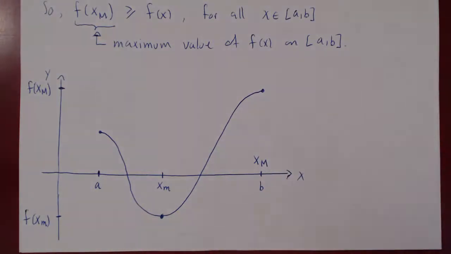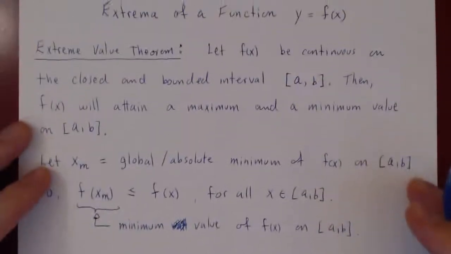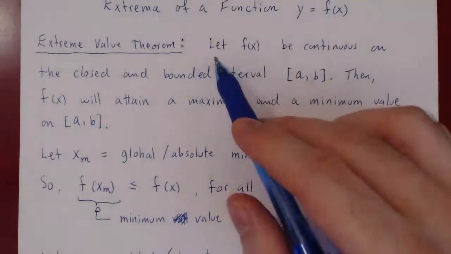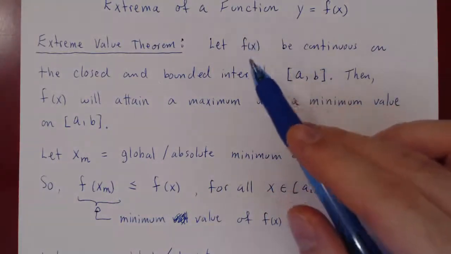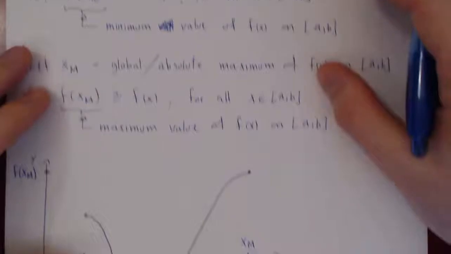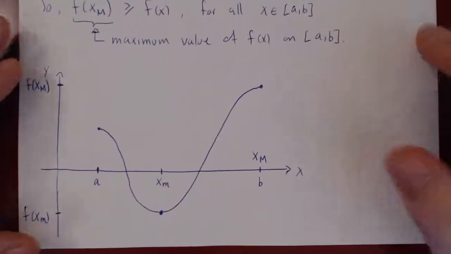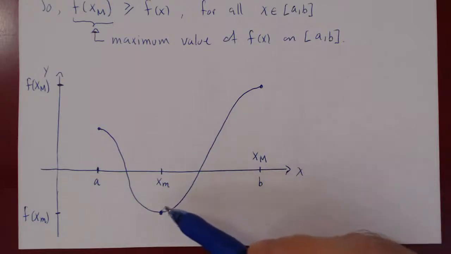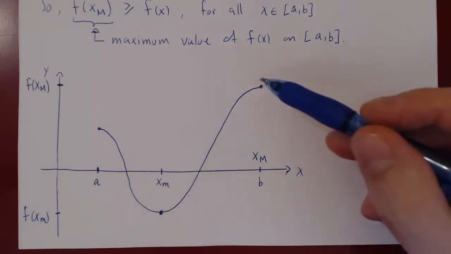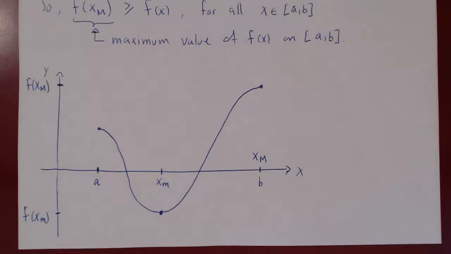And this is how you should think of the extreme value theorem intuitively. If you sketch a graph of the function f of x on the interval a b, because f of x is continuous, then you have to sketch the graph of the function without ever lifting your pen, and because of that you will reach a minimum value and you will reach a maximum value. So that's the existence part.